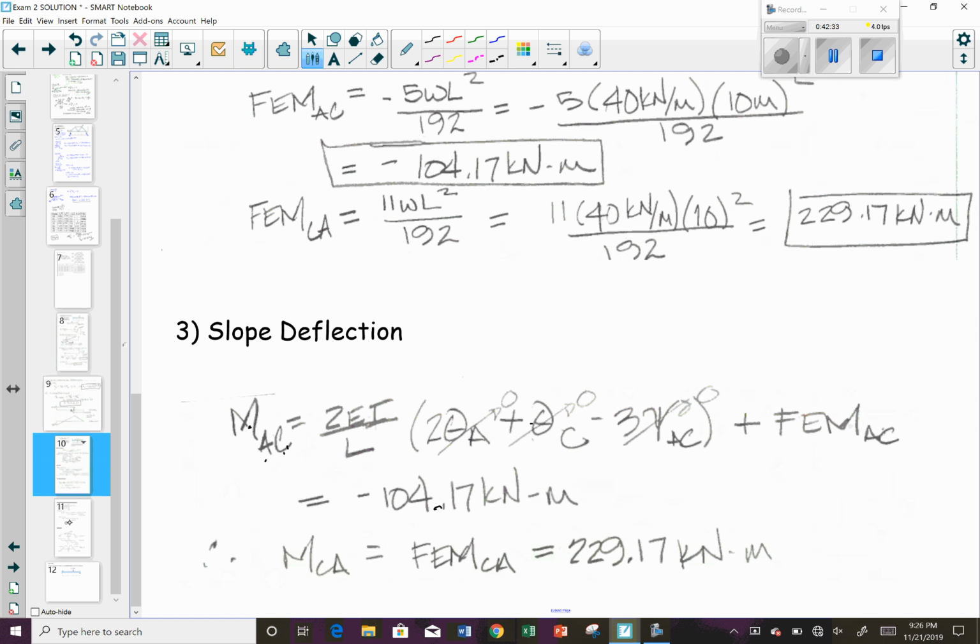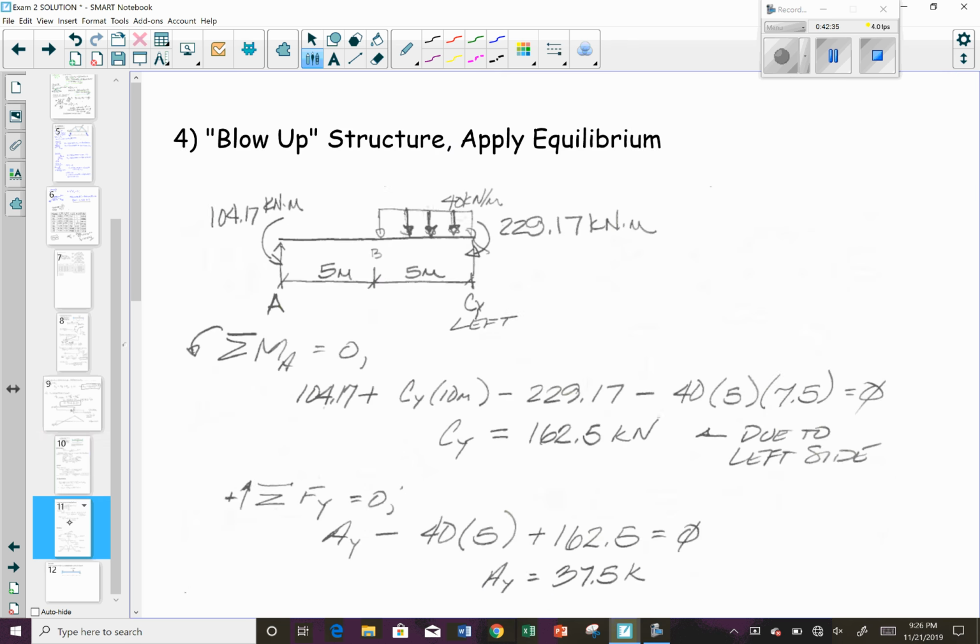All right, so once you recognize all that, let's blow up the structure and apply equilibrium. If we blow it up and apply equilibrium, we can solve for CY here. Let's do the sum of the moments about A, making this direction positive, and solve for CY.